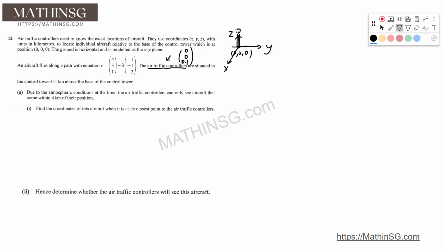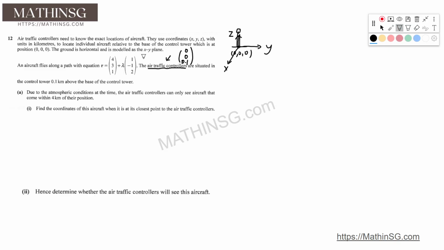about what we need to look at, like for example the coordinates, the XY plane and so on. Next, let's take a look at what we need to do for part A. Due to the atmospheric conditions at the time, the air traffic controllers can only see aircraft that come within 4 kilometers of their position.